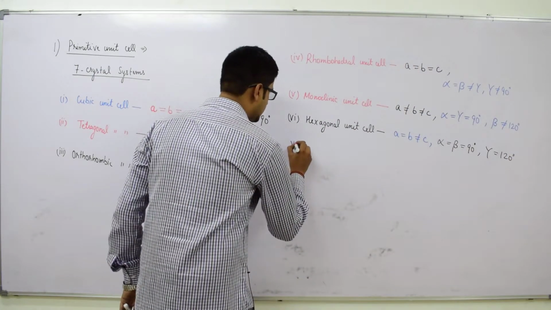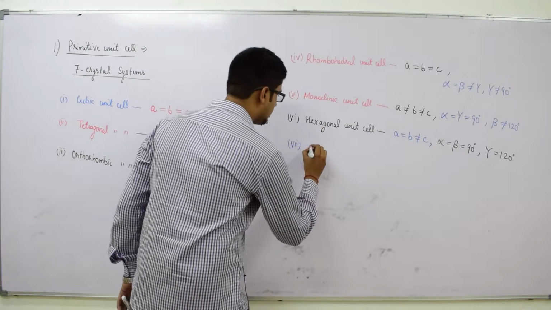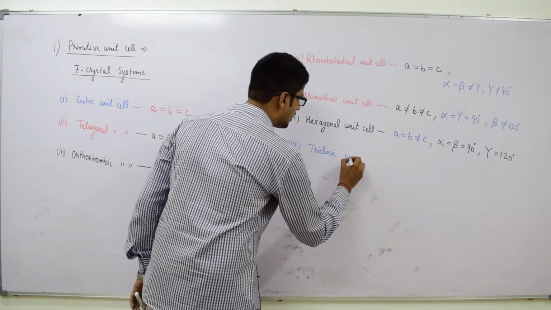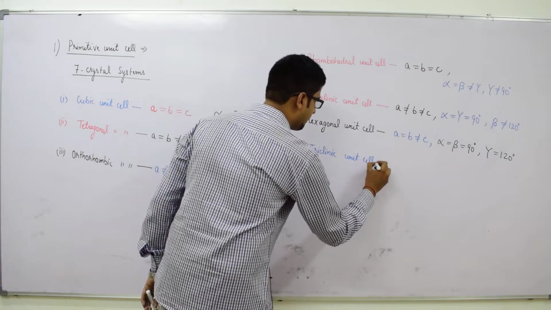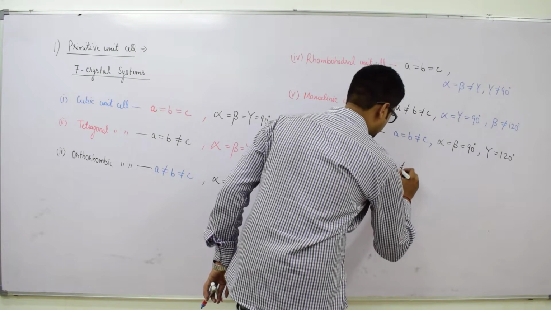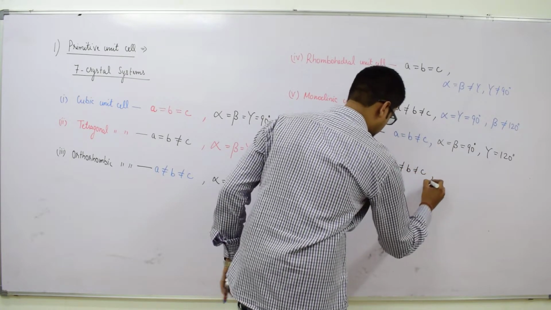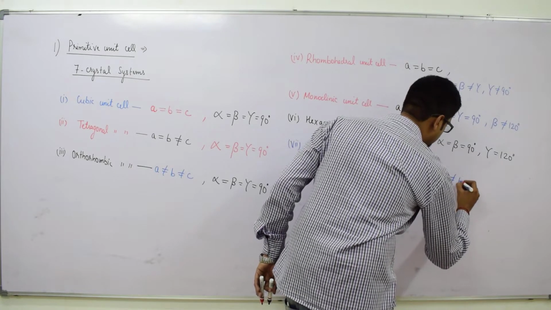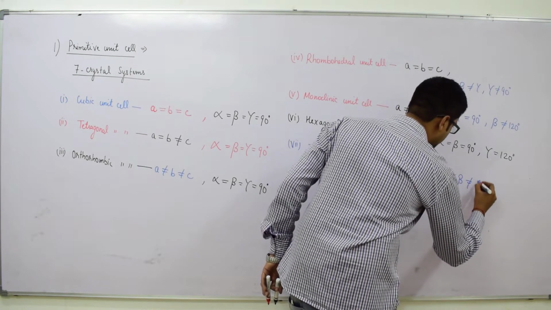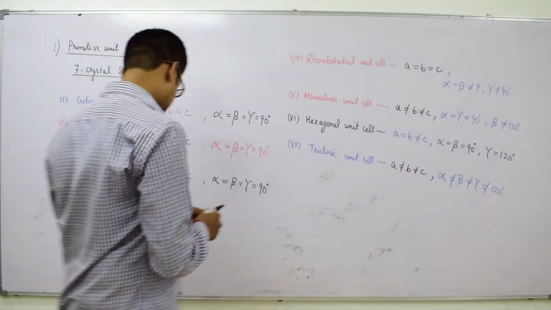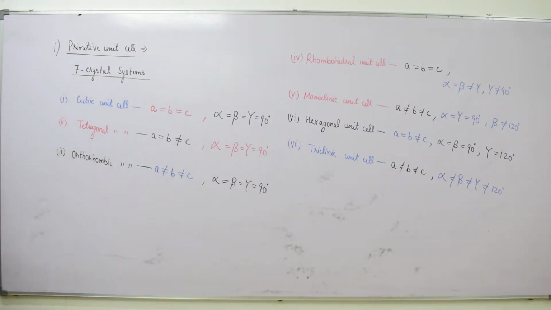And the next one, seventh one, that is triclinic unit cell, the most irregular, that is A is not equal to B is not equal to C and alpha is not equal to beta is not equal to gamma is not equal to 120 degree. So, these are the different types of Bravais lattices or Bravais 7 crystal systems.